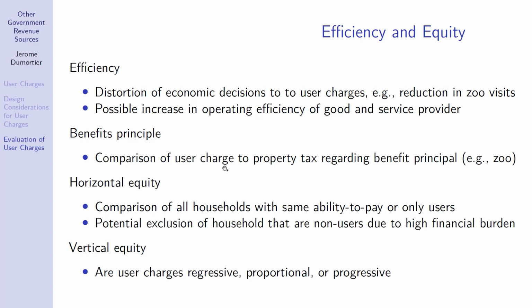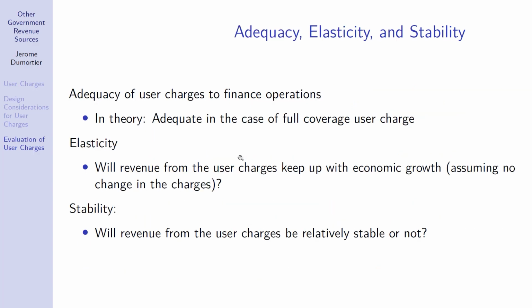Also, in terms of vertical equity, we mentioned before, if there's, for example, a two-part tariff, or if the user charges are not differentiated by type of users in terms of the means to pay, then the user charges can also be regressive. They could also be progressive depending on the design.